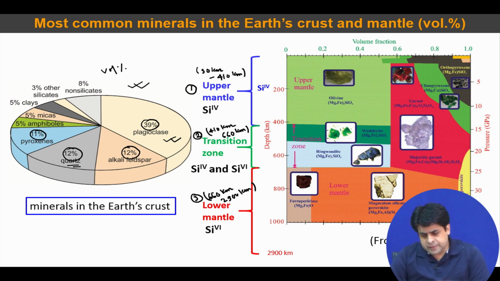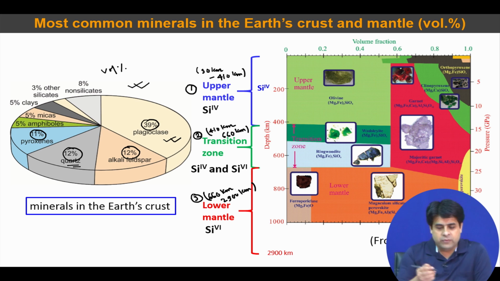If you see this right hand diagram in this presentation, it indicates which minerals are stable in the earth's mantle at different depths. This diagram is only applicable when you consider the earth's mantle to be made up of ultramafic rocks. What is an ultramafic rock? An ultramafic rock is made up of mafic minerals, and mafic minerals are minerals with lots of magnesium and iron.